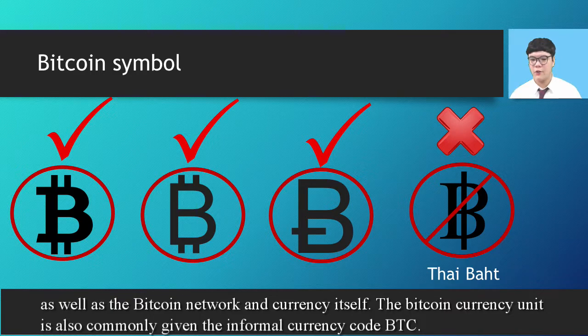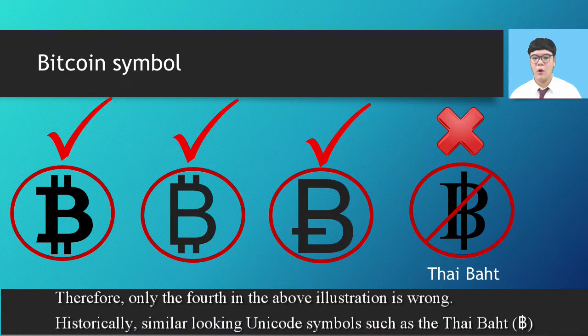The Bitcoin currency unit is also commonly given the informal currency code BTC. Therefore, only the fourth in the above illustration is wrong.